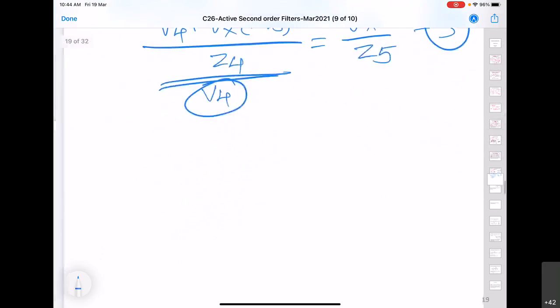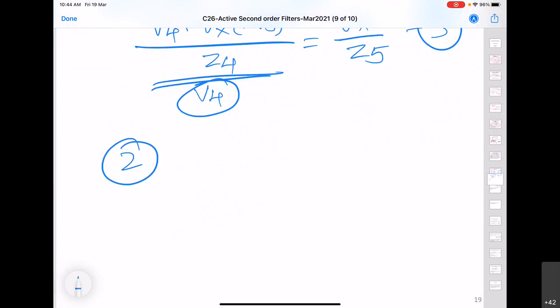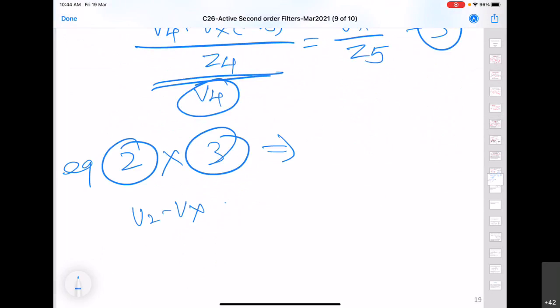Equation 2 into 3 implies V2 minus Vx is equal to minus Z2 by Z5 times Z4 by Z3 into Vx.